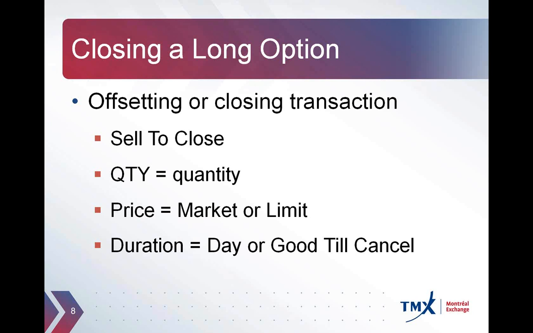In the same regard, we're going to put in the quantity, and you want to put the same quantity that's in the account because you're trying to close something out that's existing in your account. You have the same choice as when you entered: whether you do it in the context of the market, which is hitting the bid, or place a limit order to try to get a very specific fill price.